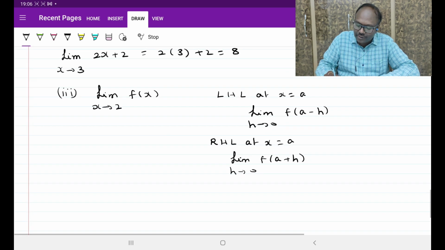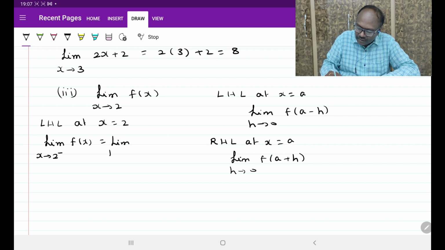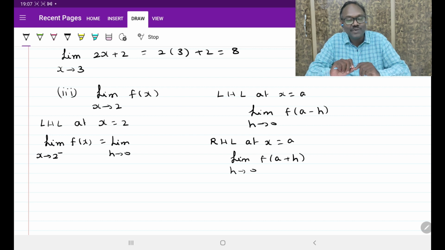So limit x tends to 2 of f of x. Let us consider the left hand limit at x equal to 2. This can be written as limit x tends to 2 minus of f of x, which is equal to limit h tends to 0. So when we say limit x tends to 2 minus, that means x takes a value slightly less than 2. So let h be a very small positive value.